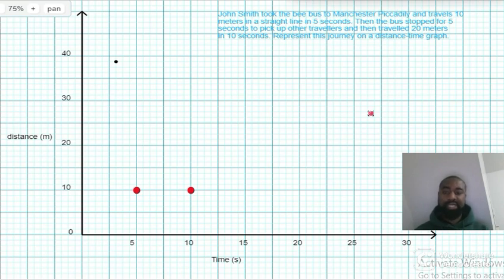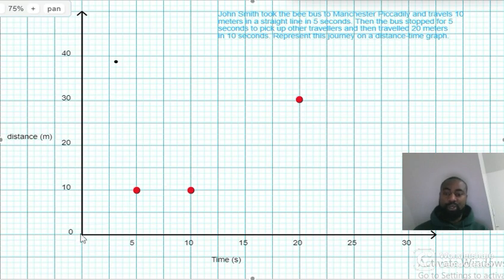Now for the final journey, he travels another 20 meters in 10 seconds. So another 20 meters should be here, and another 10 seconds should be 10 seconds away from the first 10 seconds. We should be here. Now we have to connect to this point to form our distance time graph.